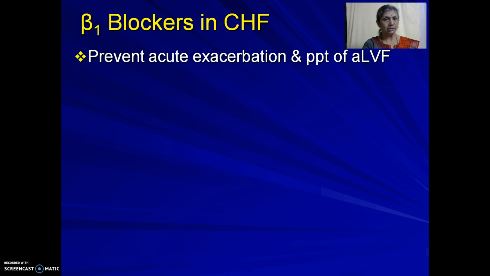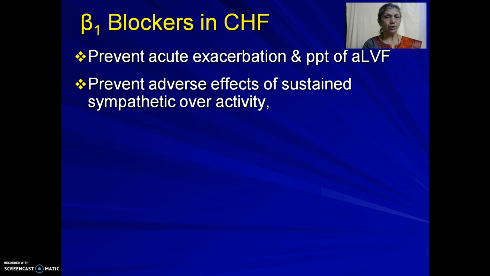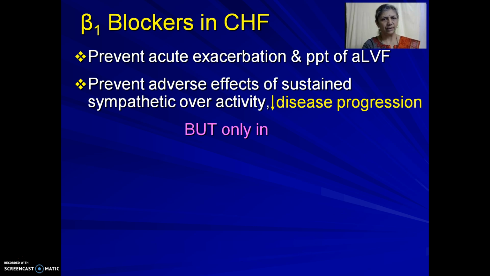So beta blockers can prevent the sudden exacerbation into acute aLVF by controlling tachycardia in spite of sudden sympathetic overactivity, which might well be triggered by even emotional stress or physical exertion. Beta blockers can also prevent the adverse effects of sustained sympathetic overactivity, and thereby they reduce the disease progression. So beta blockers are also called disease modifying agents in congestive heart failure.